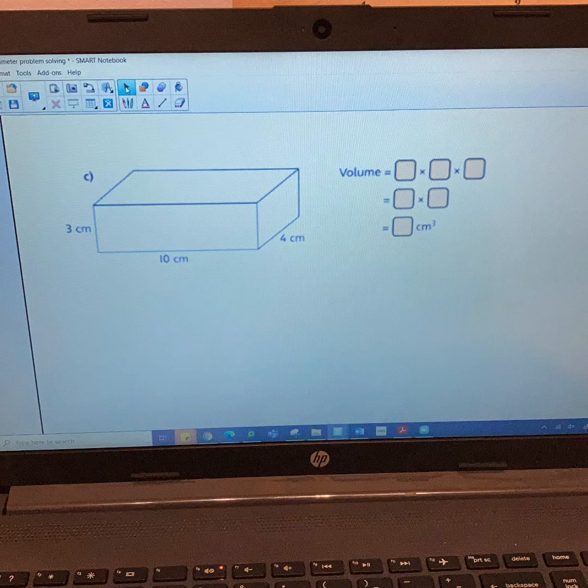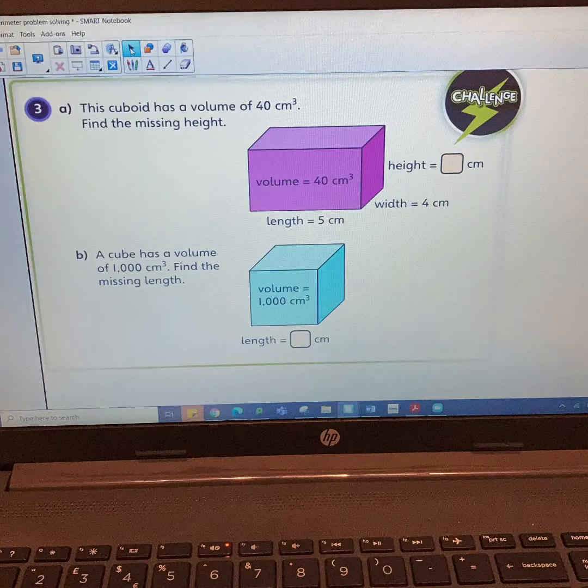You could have done the width times the length first of all, which would be 40, and then times it by the height, 40 times 3. 4 times 3 is 12, 40 times 3 is 120. It does not matter which way round you do it. As long as you are multiplying the length times the width times the height in some order, that will get you the volume. Well done.